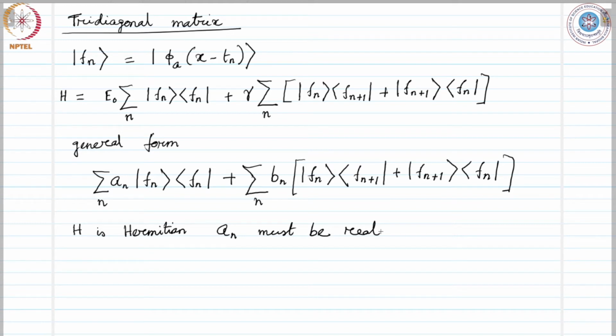The off diagonal elements can be complex in general, but we can absorb the complex part of it in an appropriate phase factor associated with the basis elements, and if we do that, we can make Bn also real by absorbing the phase factor into the basis elements itself.